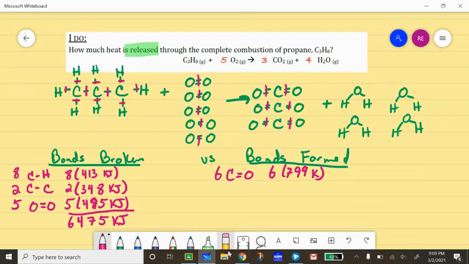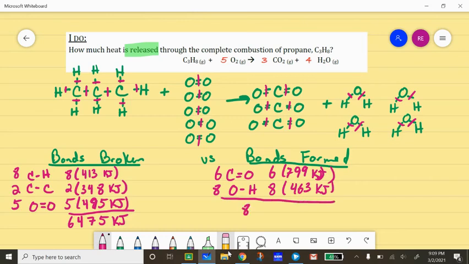Then we have hydrogen-oxygen single bonds: 1, 2, 3, 4, 5, 6, 7, and 8, so 8 oxygen-hydrogen single bonds, with a bond enthalpy of 463 kilojoules. The total enthalpy given off from the bonds being formed is 8,498 kilojoules.